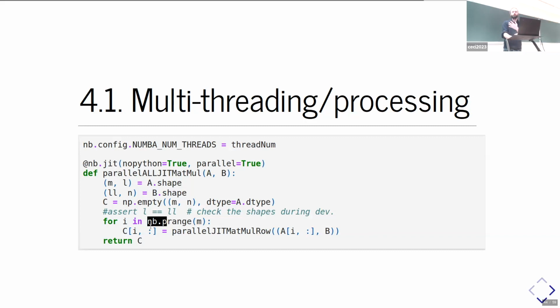So numba will instantiate some pool of threads here, actual threads, and parallelize that work. And if you look at this, this is the hybrid version. So I make things row by row and not cell by cell. Okay. So those are the three approaches I have.